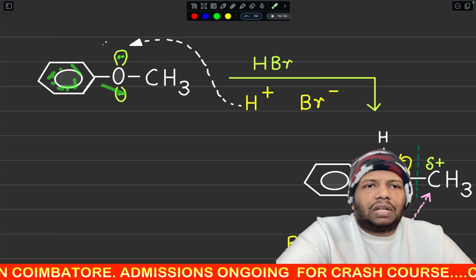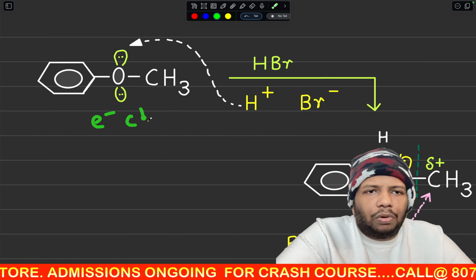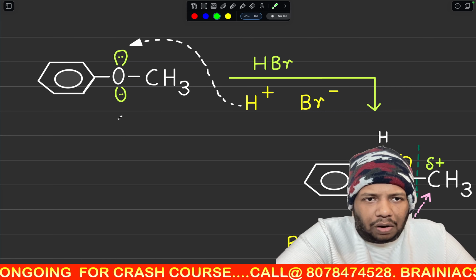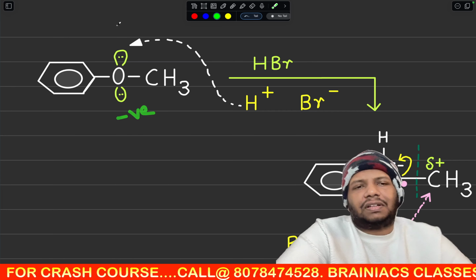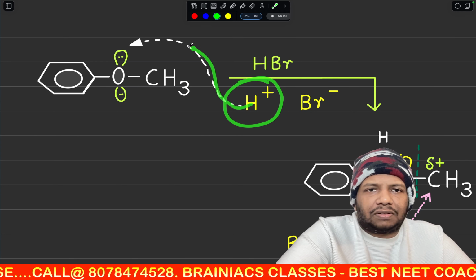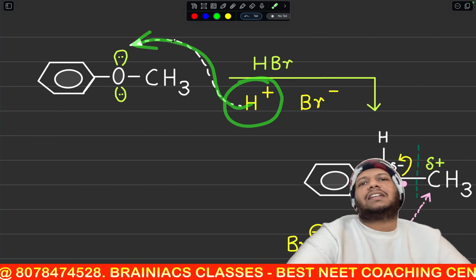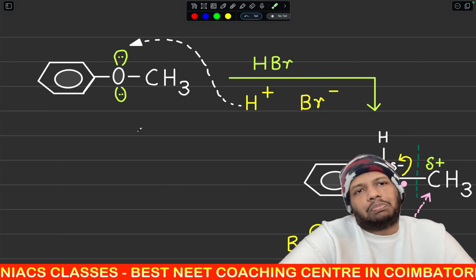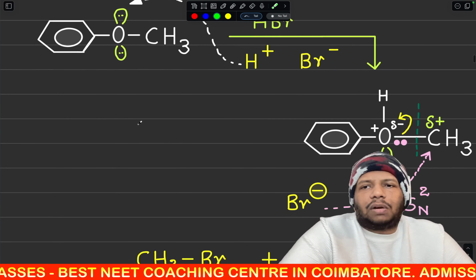Altogether there is an electron cloud around this compound, and because of that electron cloud, a negative charge is present throughout the compound. So it will attract the H plus first. In the very first step, it will attract the H plus towards the lone pair where the charge density is more.